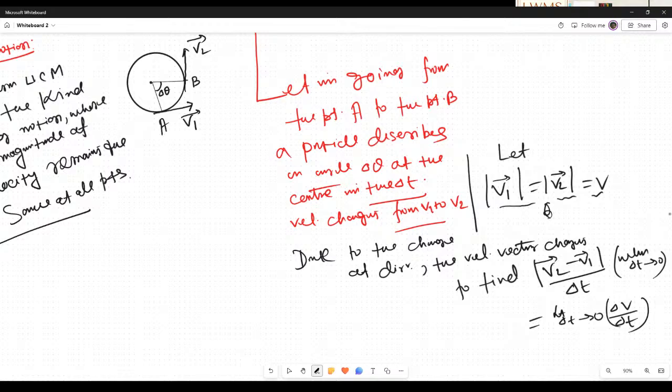These are two vectors. We have to find their difference, V2 minus V1. Let me work on this diagram first. You produce this one forward, produce this one backward. This is the point O. Here the meeting point is O dashed. Clear? The diagram is obvious.